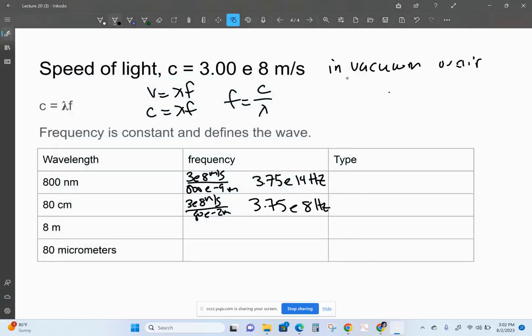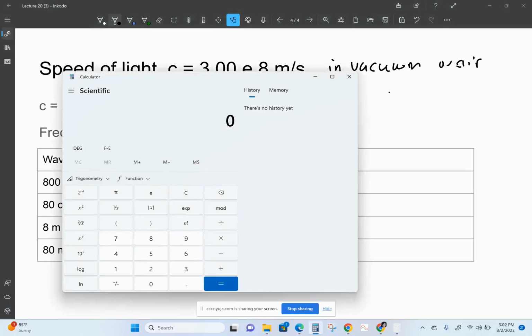And 3e to the 8th divided by 8 meters is going to be 3.75e to the... I better make sure I get that right.